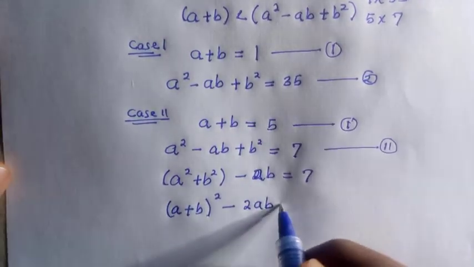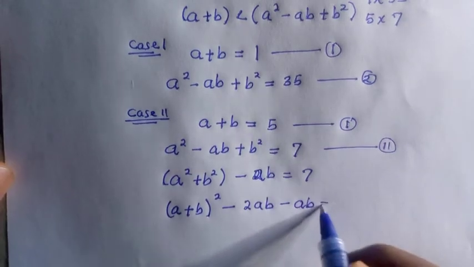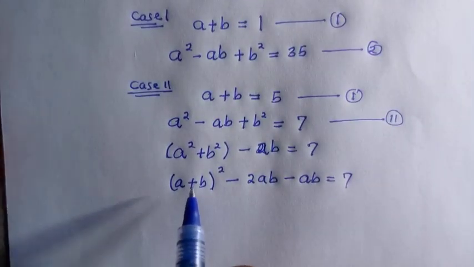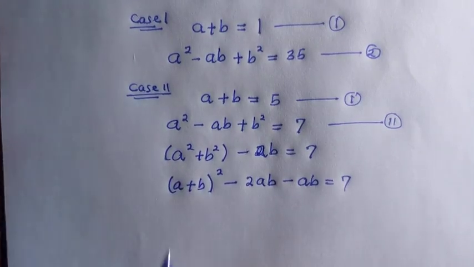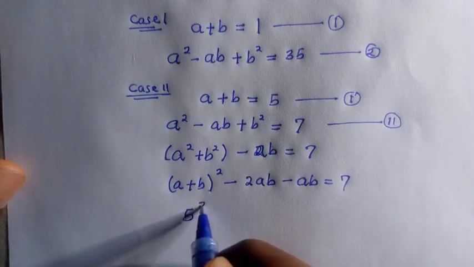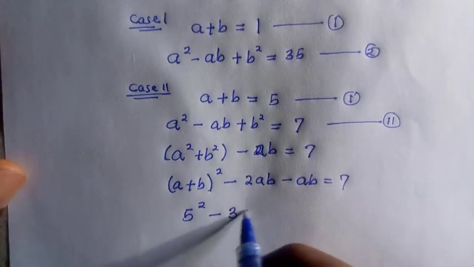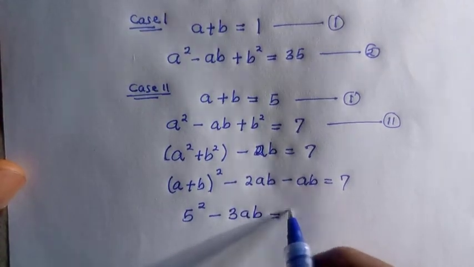Since we have minus ab before, we write it out, and everything equals 7. Then a plus b is 5, so by replacing it we have 5 square minus 3ab equals 7.